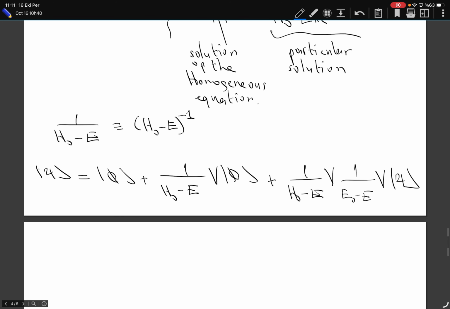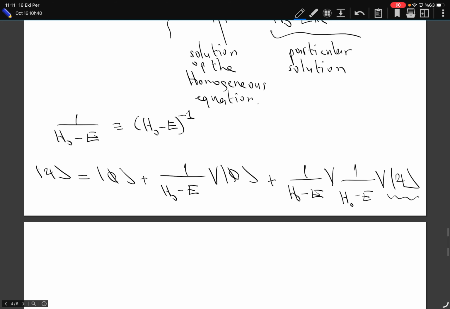Well, I can repeat the same procedure over and over again. So, for example, I can replace psi here. I can repeat this procedure over and over again, and I can obtain a longer and longer expression.